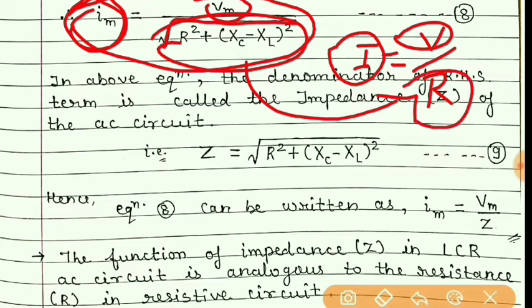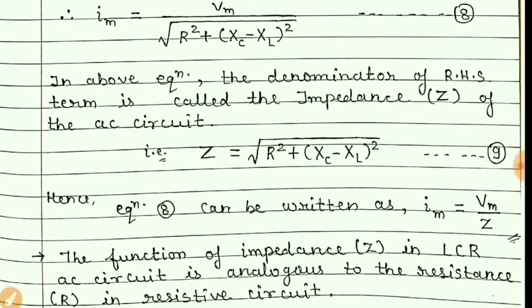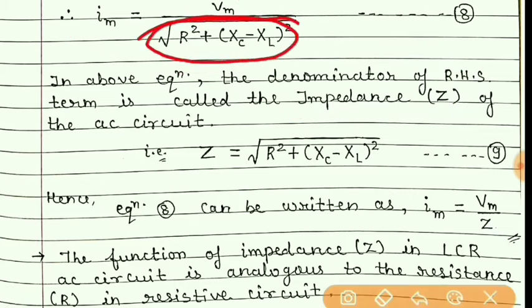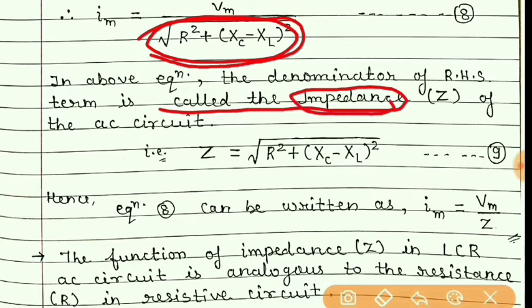Whatever the work of a resistor is in a resistive circuit, the same work is done by this term in an LCR series circuit, and this term is called the impedance of the circuit, denoted by Z.